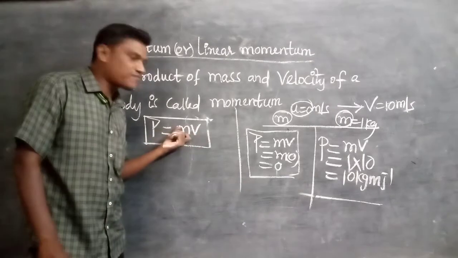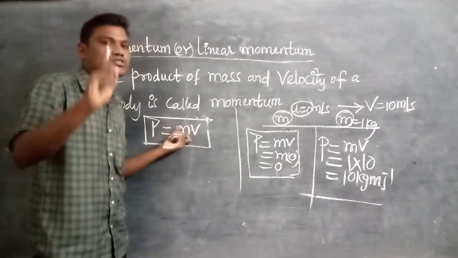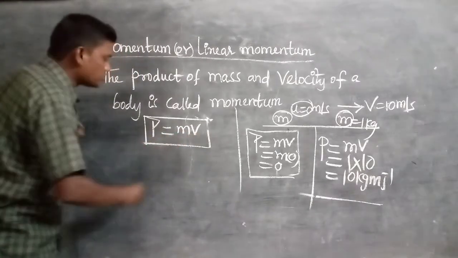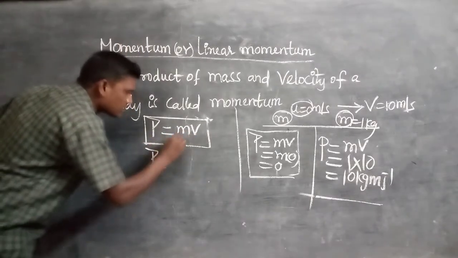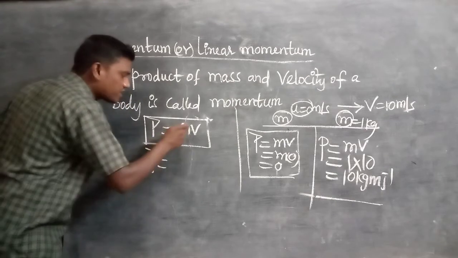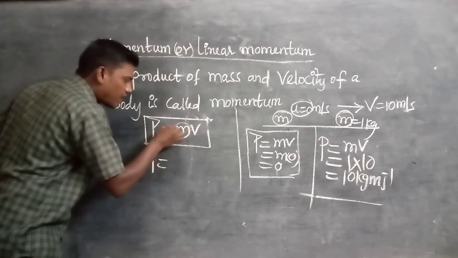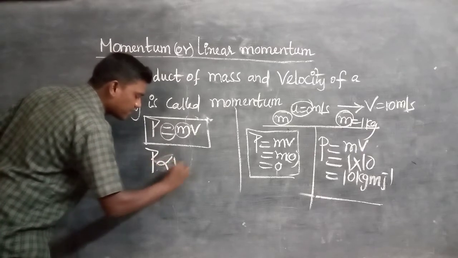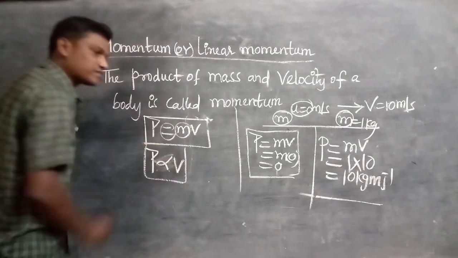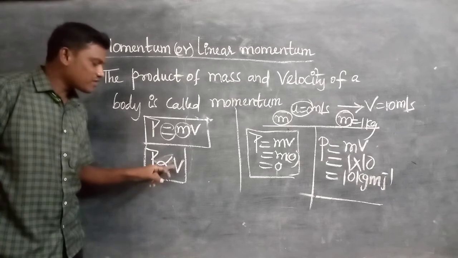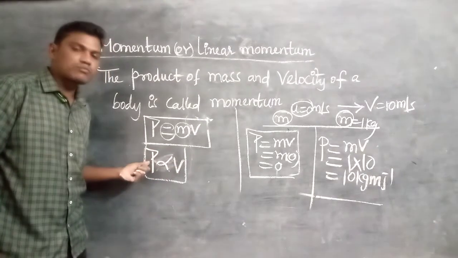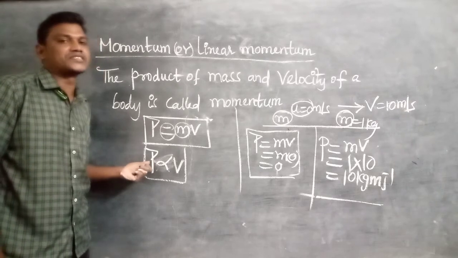But the mass of a given body is not 0. That's why you can say that V is zero. So if m is constant for a given body, we can write that P is directly proportional to V. This means if a body's velocity increases, automatically its momentum also increases.